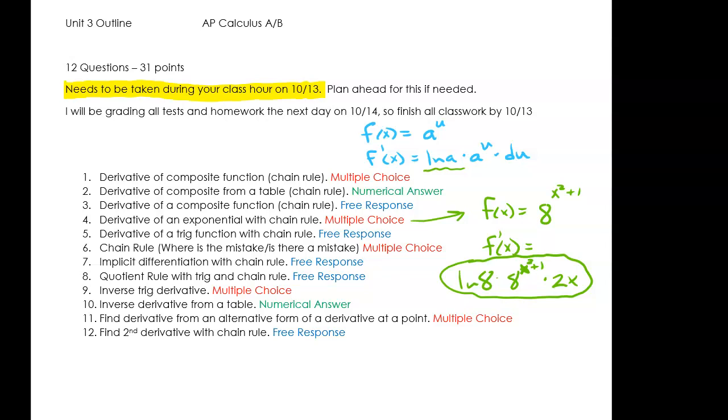Oh, okay, perfect. Perfect, thank you. Oh, no, I know we multiply by du.